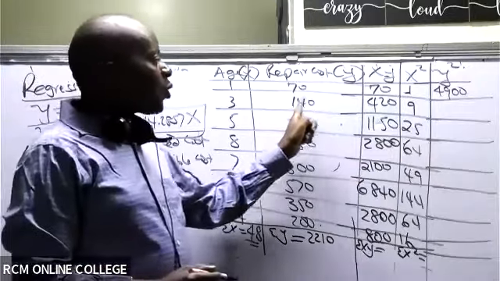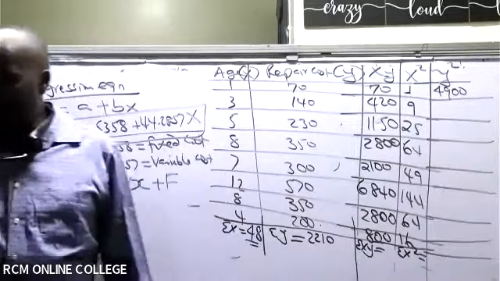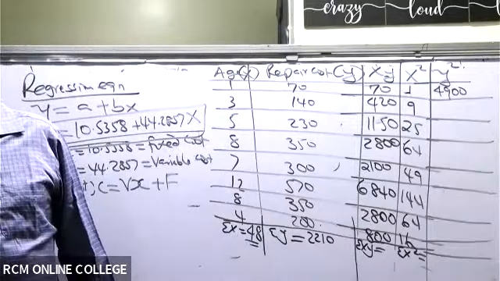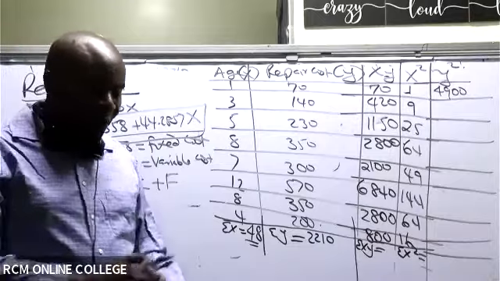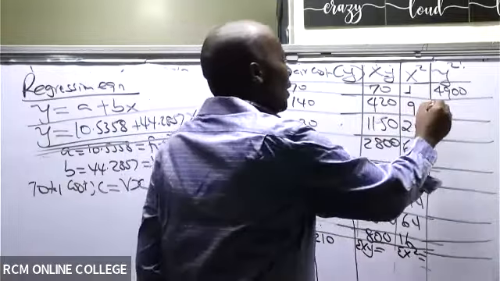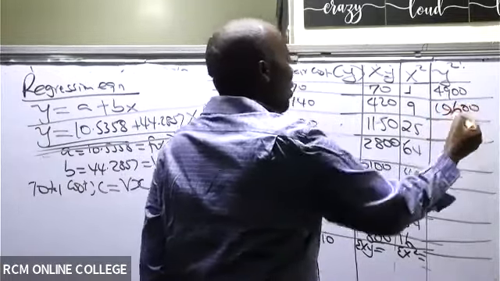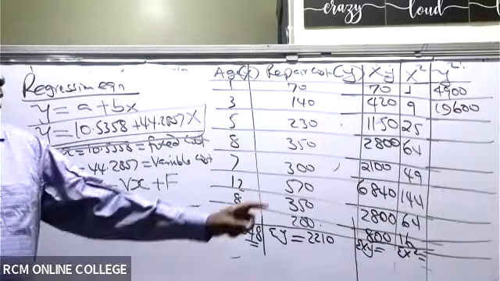Then 140 squared gives me what here? 19,600. I hope everybody is able to punch there. 140 squared is the same as 140 times 140.